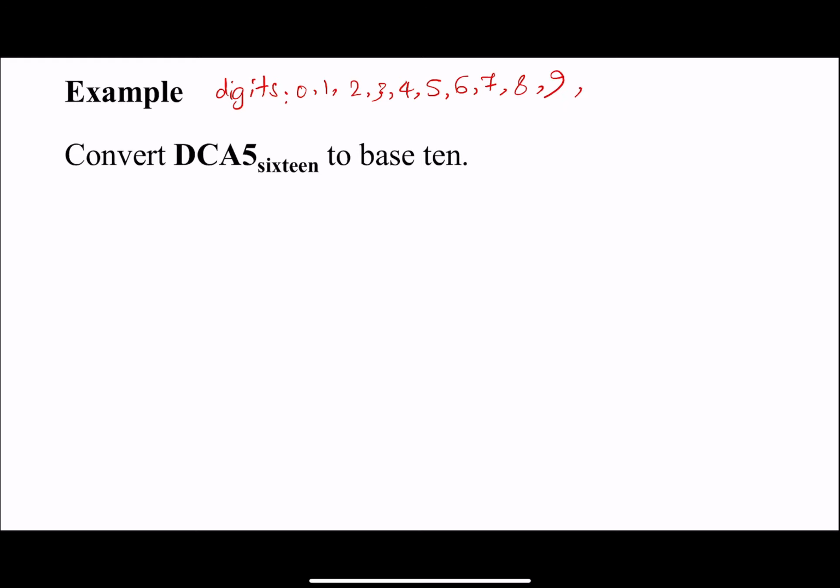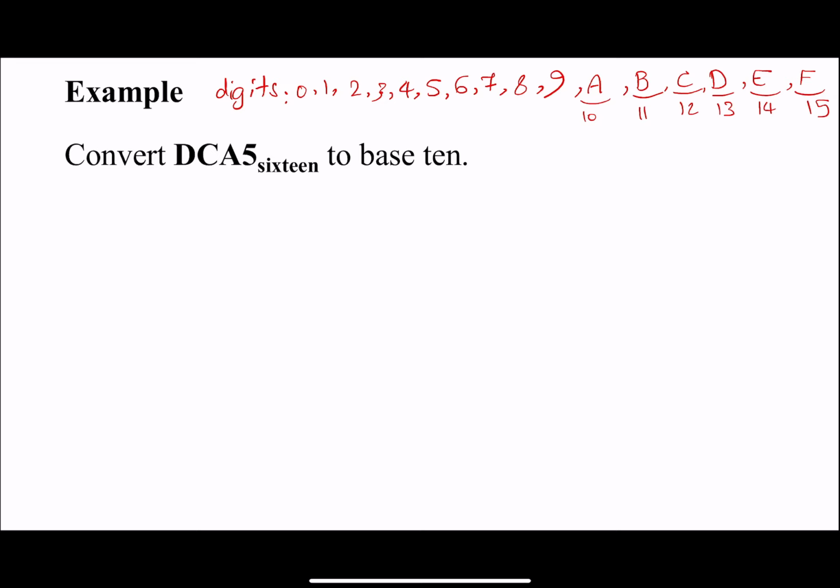After 9, we go to A. A represents 10, B 11, C 12, D 13, E 14, and F 15, right? A, B, C, D, E, and F.